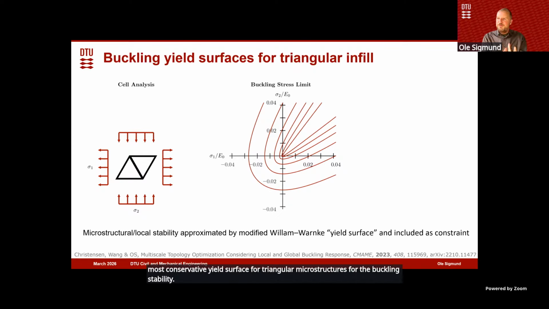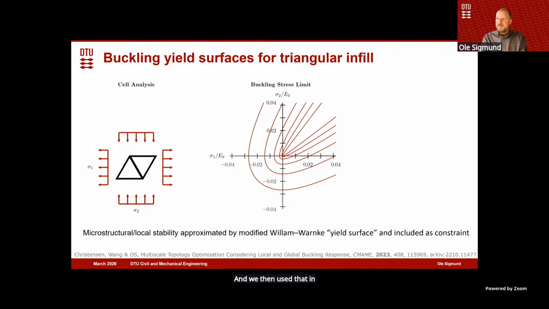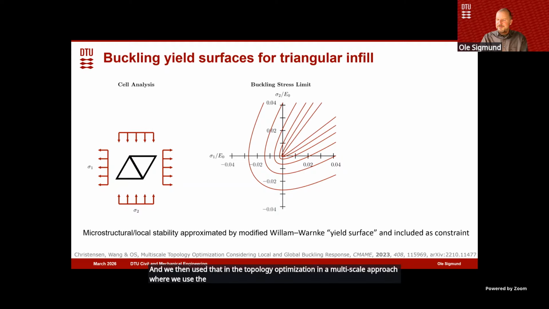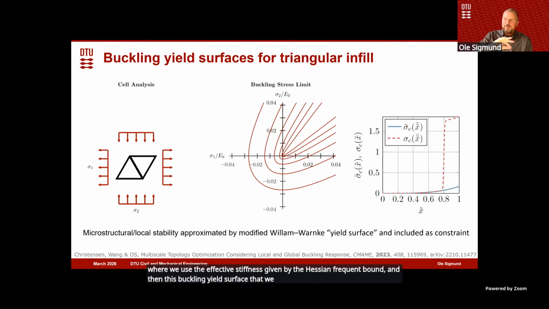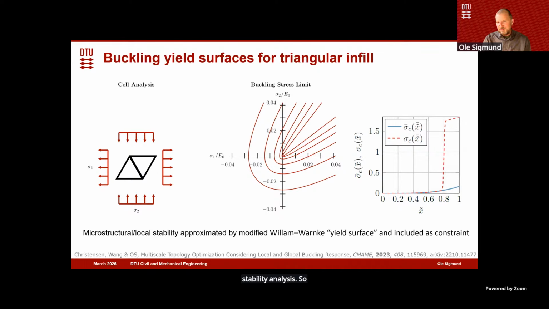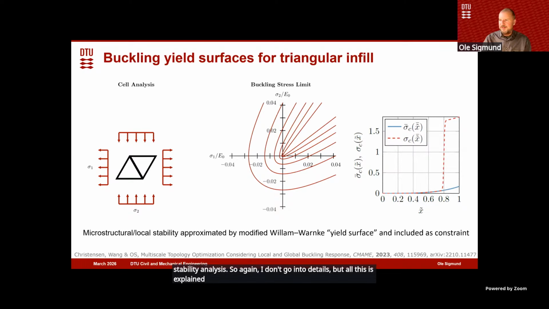And we then used that in the topology optimization in a multiscale approach, where we use the effective stiffness given by the Hessian-Strickman bound, and then this buckling yield surface that we estimated from a very extensive Bloch wave stability analysis. So again, I don't go into details, but all this is explained very beautifully in the papers. And if people have questions, they are very welcome to contact us.